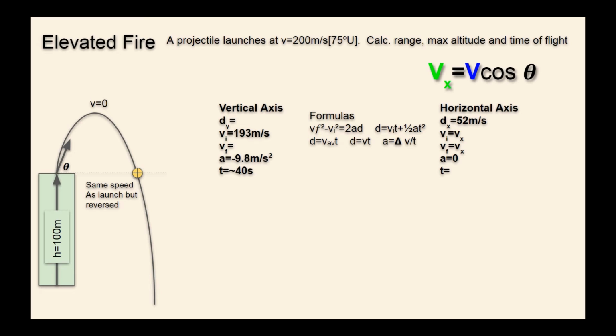Now, of course, we switch our attention back to the x-axis. What did we have before? We got a vertical axis, had a 193 meters a second speed, and a time of flight of 40 seconds when we were done computing it all 2 slides ago. So we're going to use that 40 seconds now on this one, and it becomes dead easy.